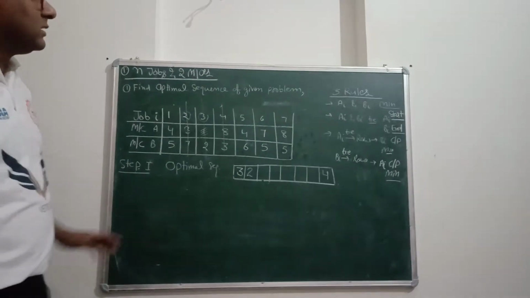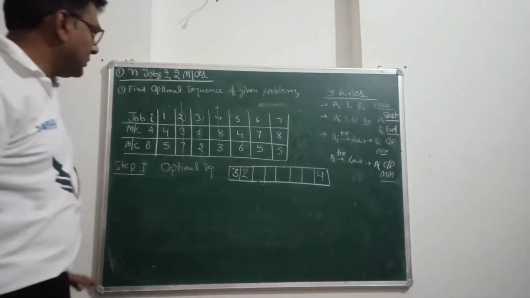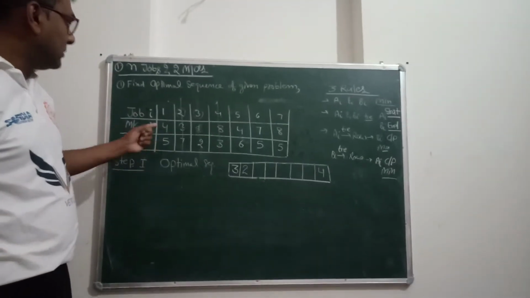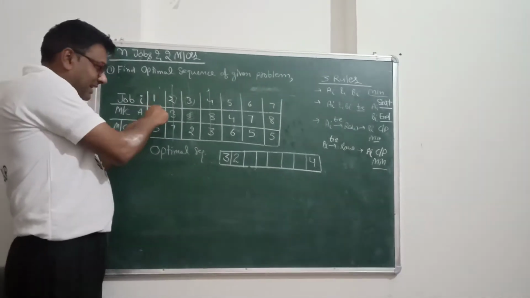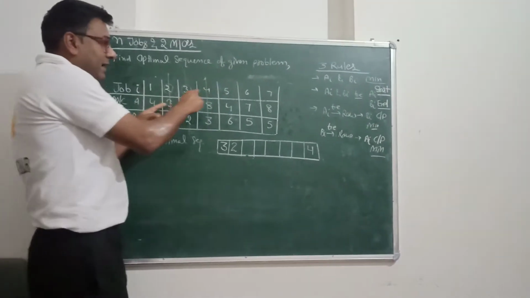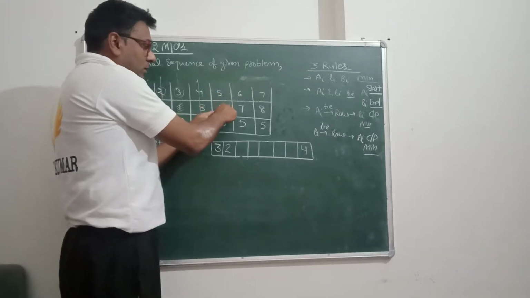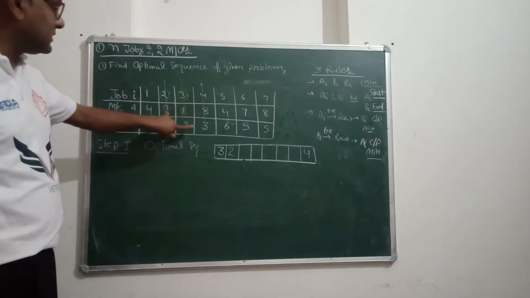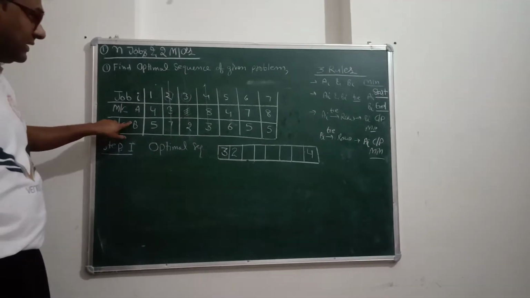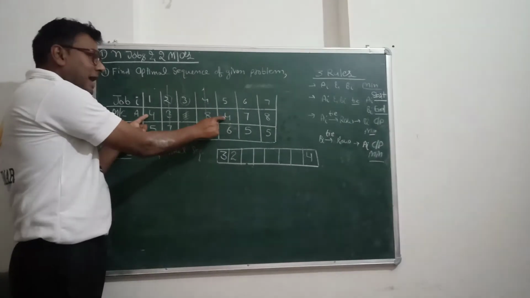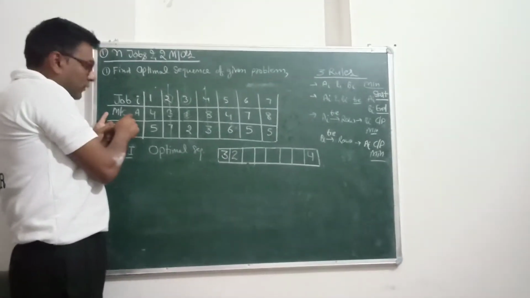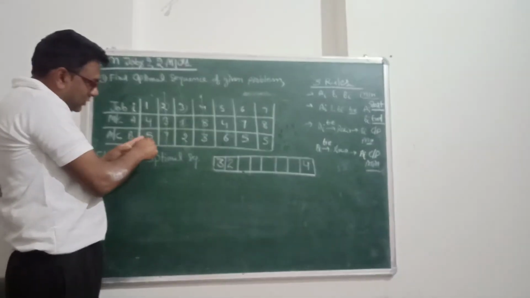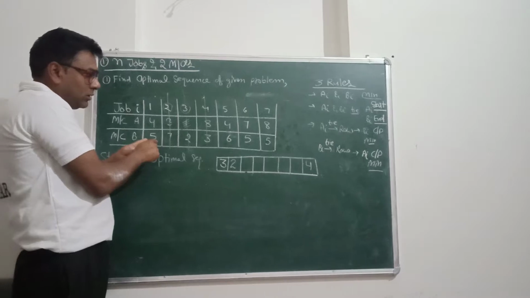Now again see the minimum values from A and B, and now you will see one more contradiction. There is a tie, meaning the minimum value is 4 and it lies against job 1 here, and similarly it lies again under job 5 here. Now in the previous case the two tied values lay against different machines, but here the two tied values lie against the same machine. So now we will see the corresponding values in the machine B row.